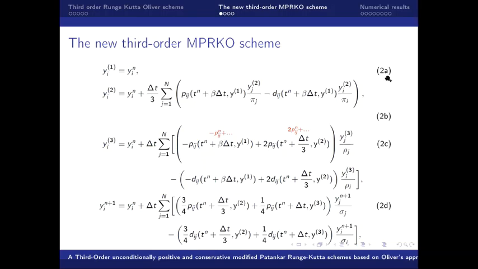The equations are similar to the modified Patankar-Runge-Kutta. The main difference is the new beta in the first and second stage. Another difference is the negative coefficient.